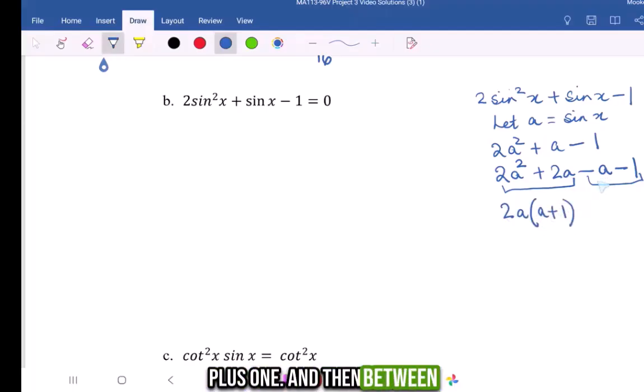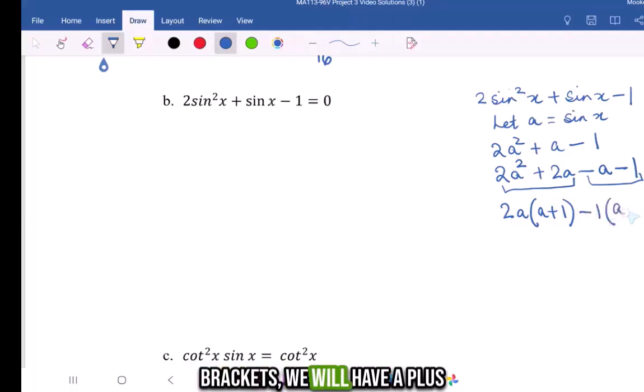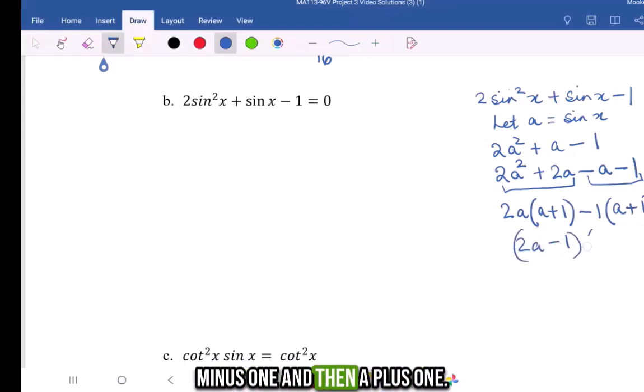And then between negative a and negative 1, we factor out negative 1. That's the common factor. So it'll be negative 1, and within brackets we will have a plus 1. The two factors eventually would be 2a minus 1 and then a plus 1. And then do not forget to put back sine x wherever there is an a.